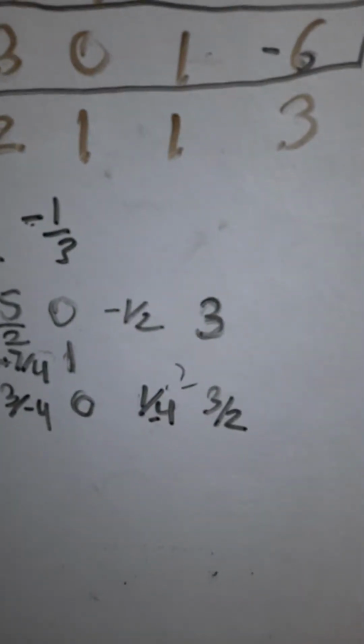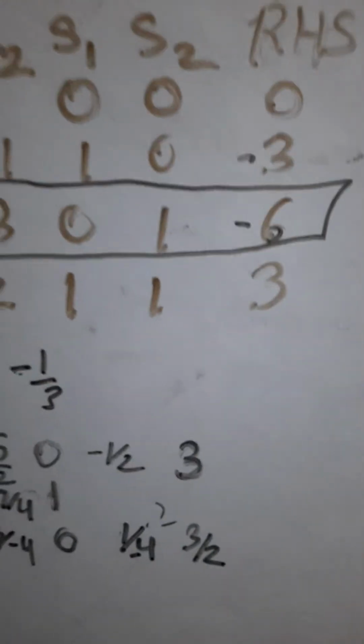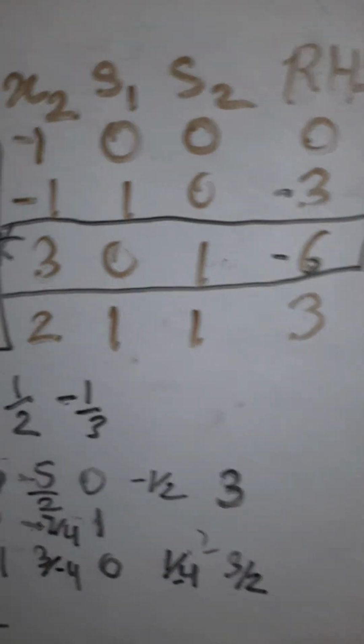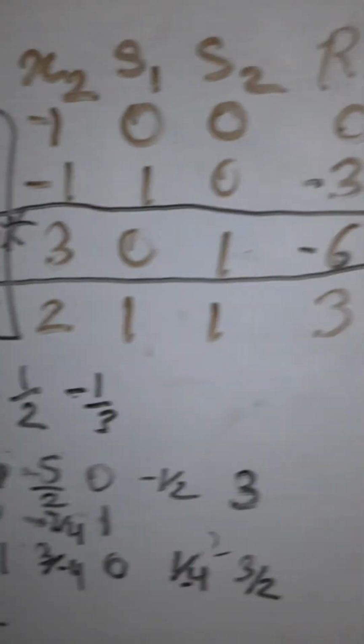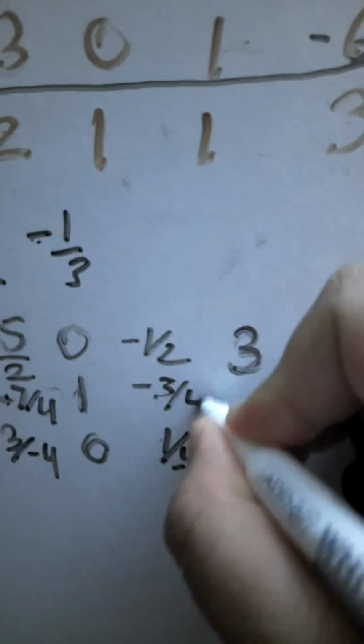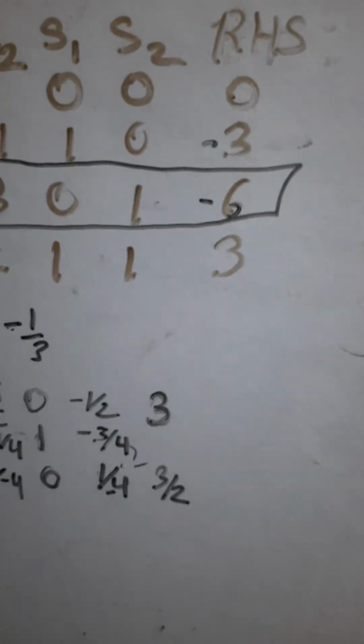Next we have minus 1 by 4 into 3, minus 3 by 4. Minus 3 by 4 plus 0 in the second row here, then it would still stay the same, minus 3 by 4. Yeah, we got it, I guess.